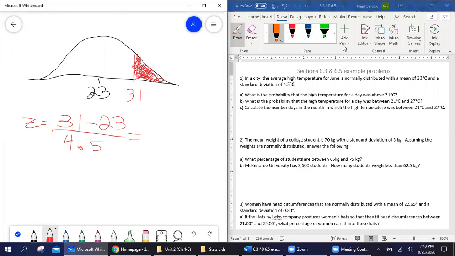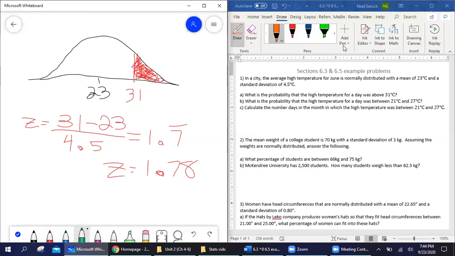And if you do that, you're going to get 1.7 repeating. Now remember, be careful, know how to round. We've got to round it to 2 decimals to use our z-score sheet. And that will be 1.78 then for my z-score. So you're going to go to your z-score sheet.